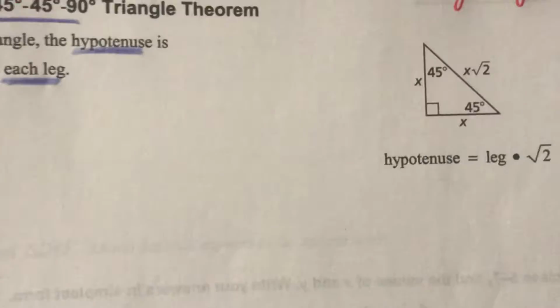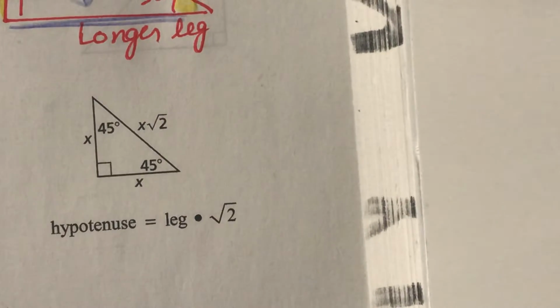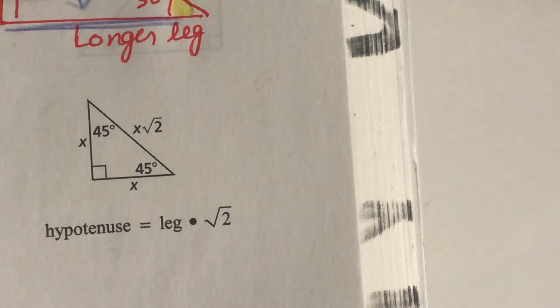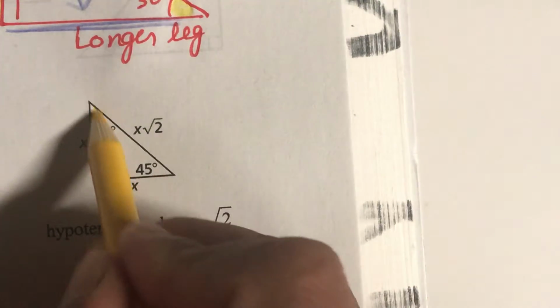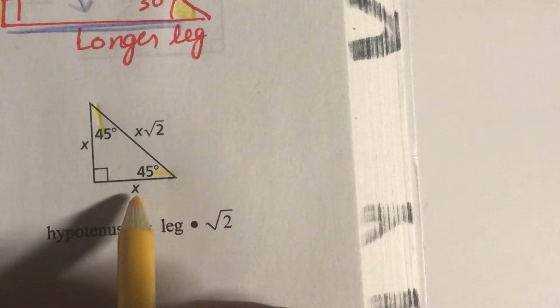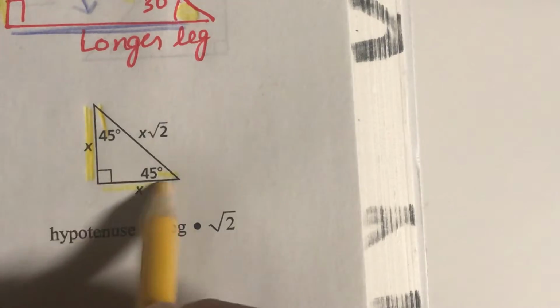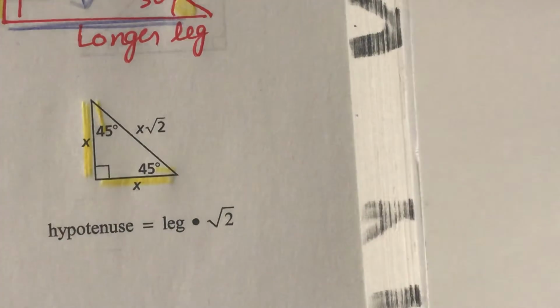Let me show you. If we pay attention to this picture on the right hand side, we see that it's 45, 45 and 90. These two are base angles and we know that they're the same, so the sides are going to be congruent. This is going to be x and this is going to be x. Why?